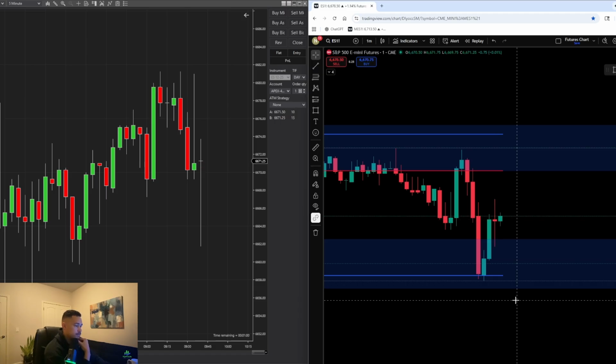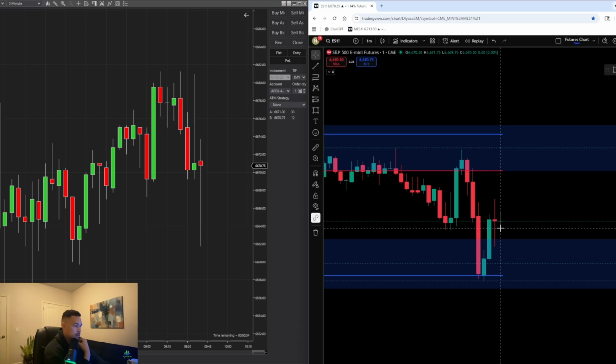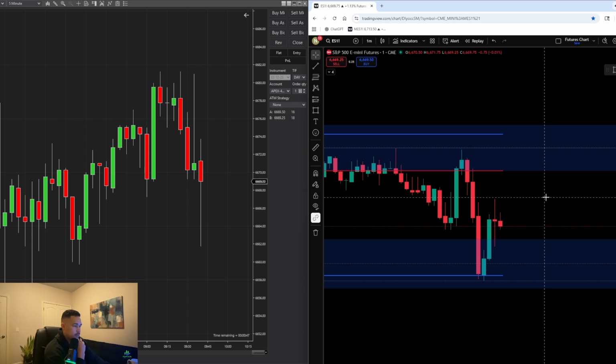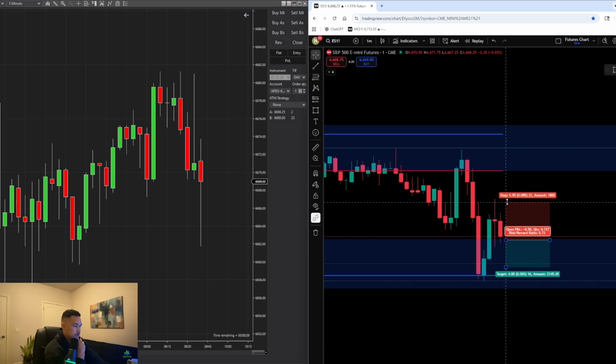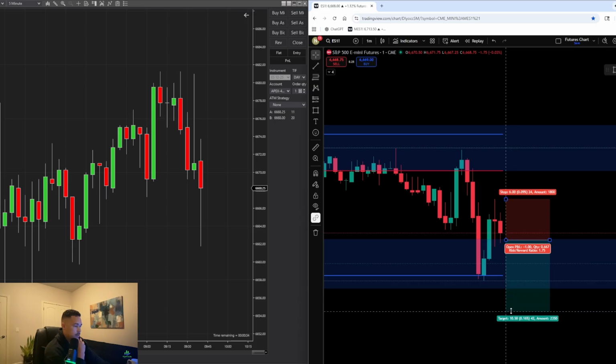So if we can get a strong bullish candle this next 1 minute candle, then I'll enter short. Because if that's the case, then we're going to be heading for that gap.